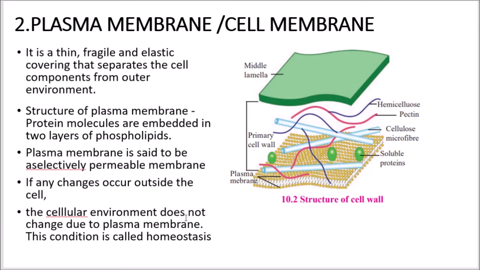This condition of not changing according to the outside environment is called homeostasis. So again listen carefully: homeostasis means if any changes occur outside the cell, the cellular environment does not change due to the plasma membrane, and this is what is called homeostasis.